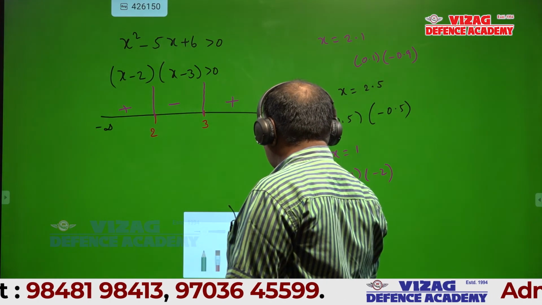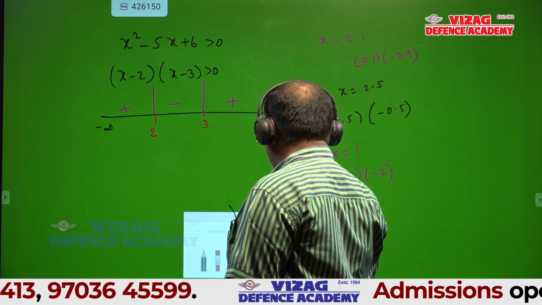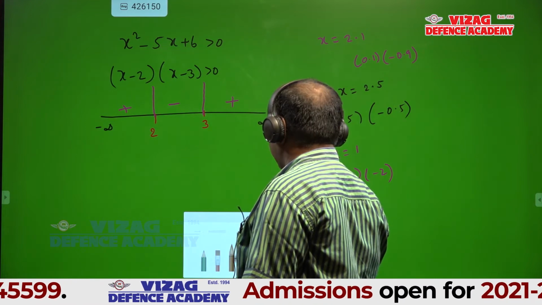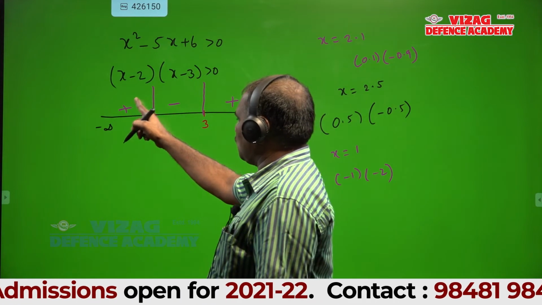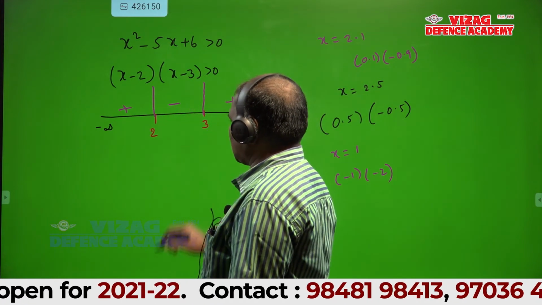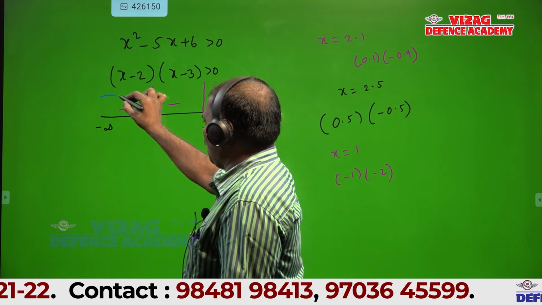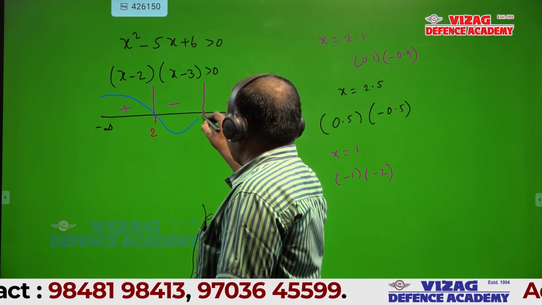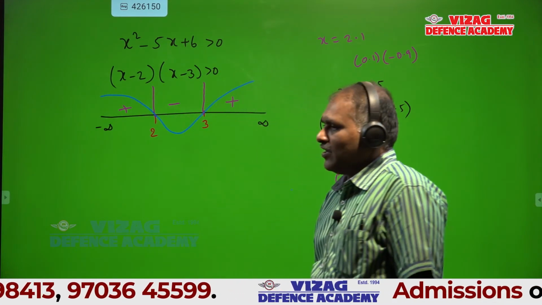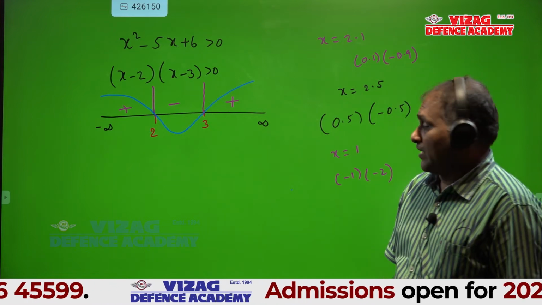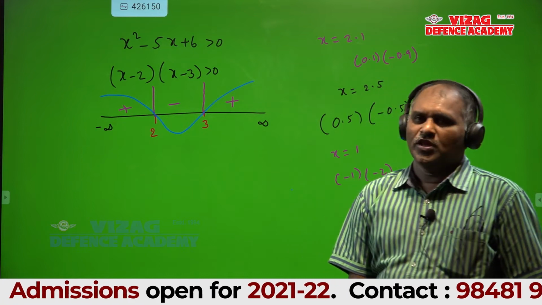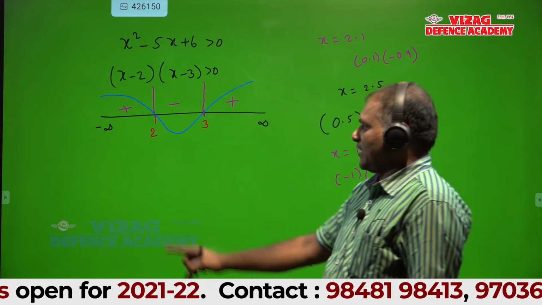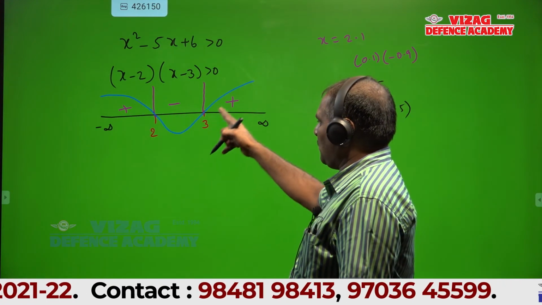Therefore, by observation, it can be written as first positive, next negative, next positive. The graph is like this: negative means below, positive means above.